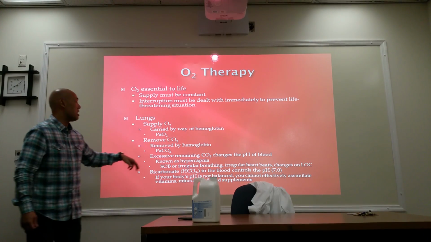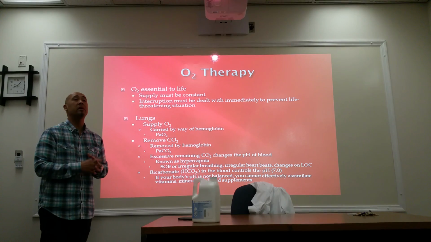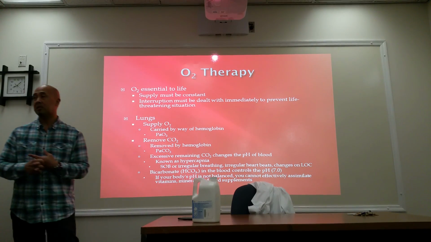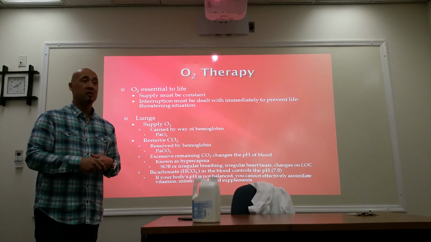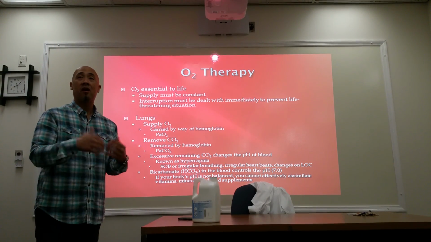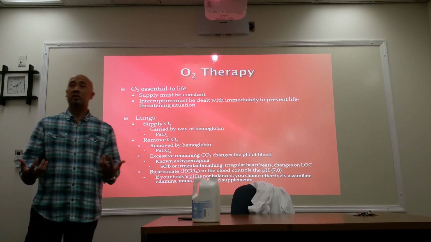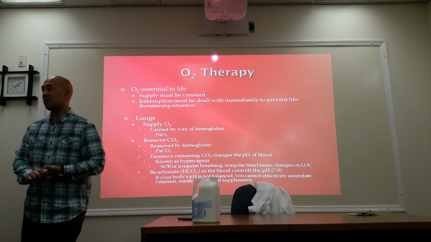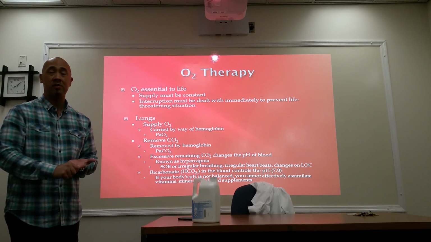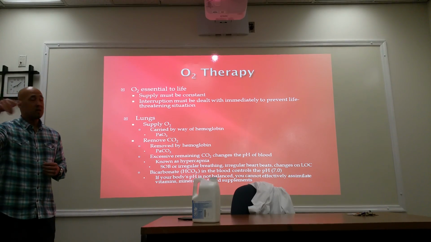The next one is PaCO2, which is pulmonary artery carbon dioxide. We do different types of tests to determine the amount of oxygen and carbon dioxide within the circulatory system. If you have too much carbon dioxide, this is known as hypercapnia or hypercarbia, which I'll talk about to more extent later on.